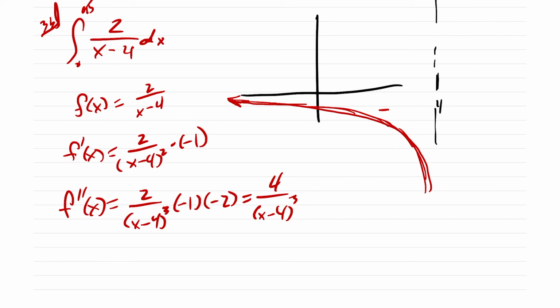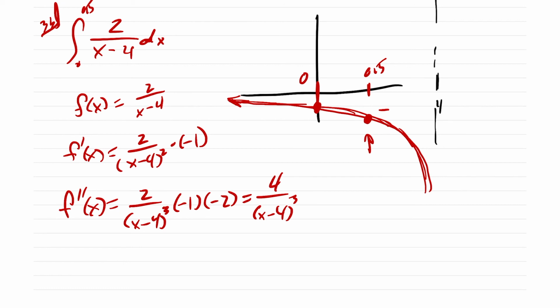And so then basically we're looking at the interval from 0 to 0.5, and even though that's the highest positive point, we're looking at the absolute value maximum, and so that's going to be here.